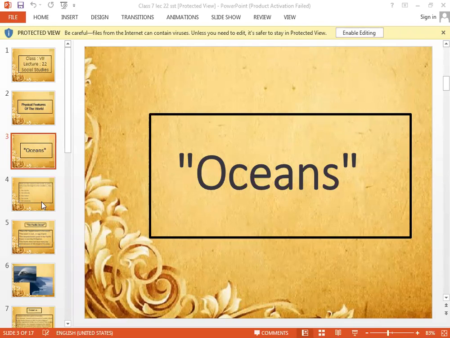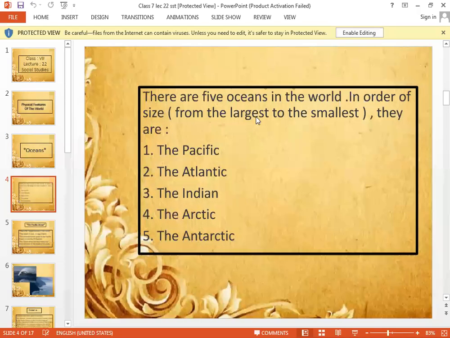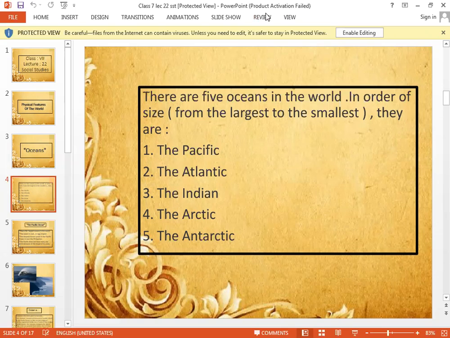Okay, beta. First of all, we will discuss how many oceans are there in the world. So there are five oceans in the world, and in order of size from the largest to the smallest. So first of all, we will discuss the largest oceans, and then at the end we will discuss the smallest oceans.